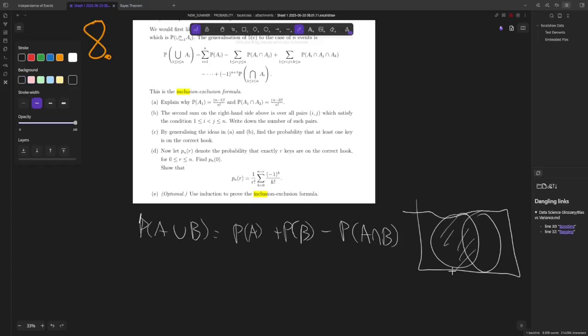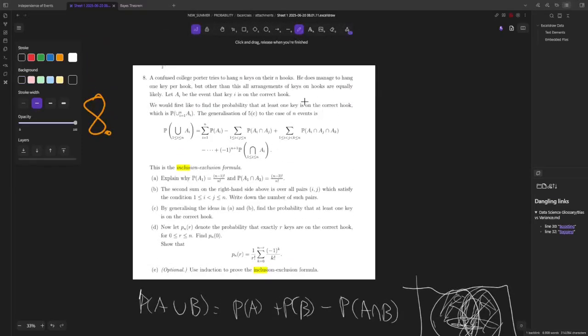A is this whole, B is this other whole, but you've summed this part twice, so you have to subtract the joint. So it's A plus B minus the joint, and then you have the whole union.